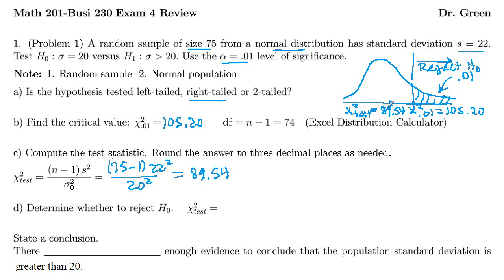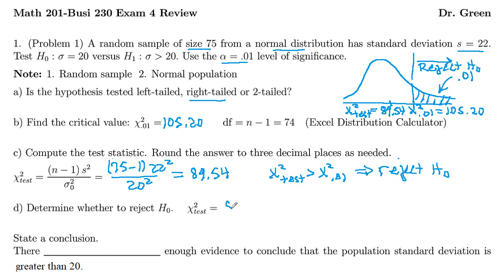So decision rule here, again, is that if your chi-squared test value is greater than your chi-squared critical, then you would reject H0. And if it's not, if it's less than, then you don't reject.